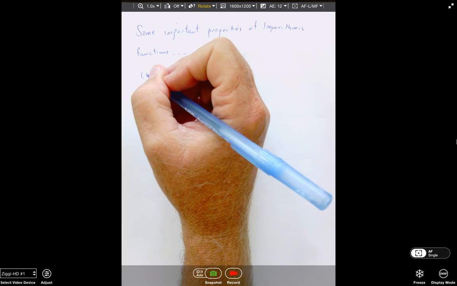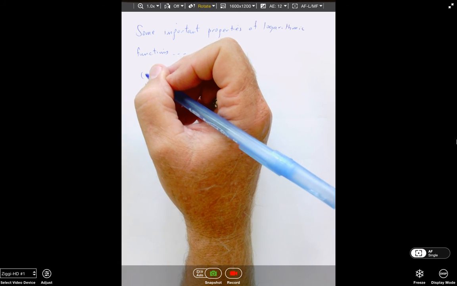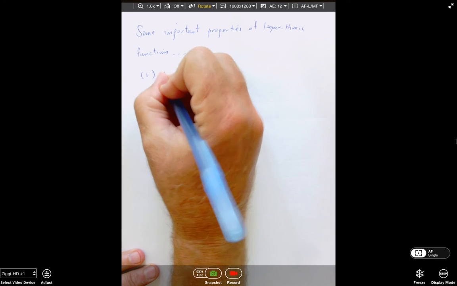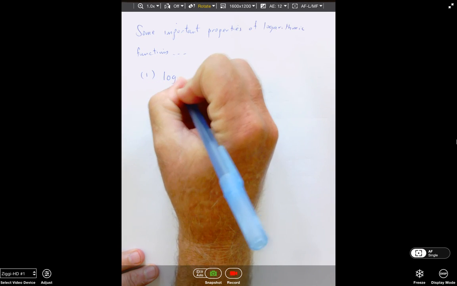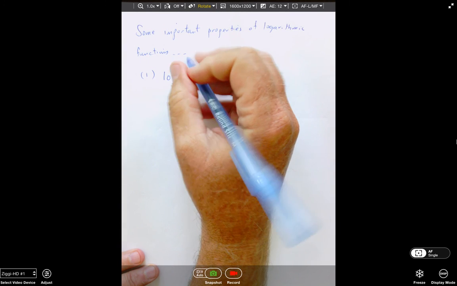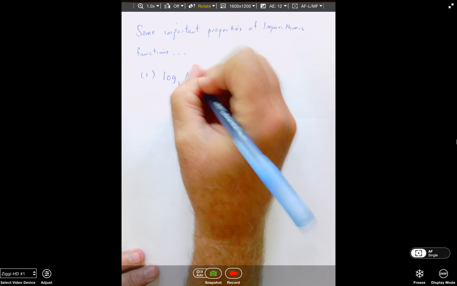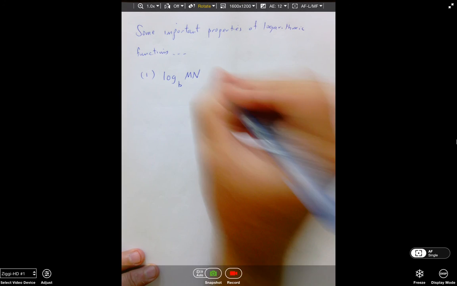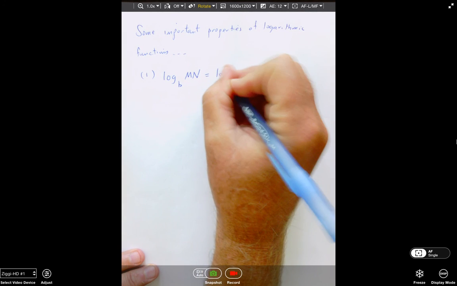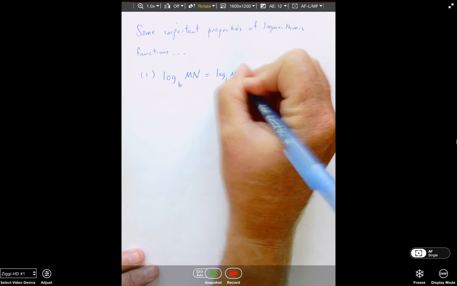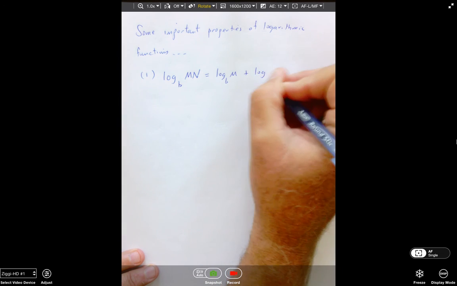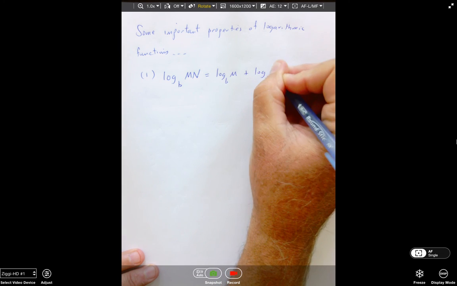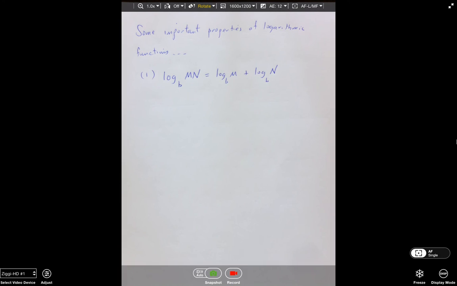One important property is that the log base b of a product, m times n, is the sum of the logs.